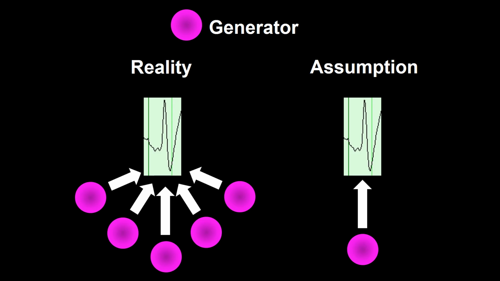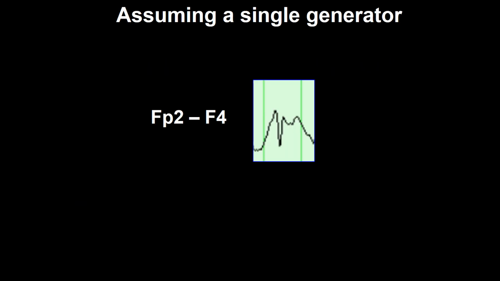But it is also important to remember that we have to assume a single generator for us to be able to interpret any event occurring in the brain and viewed in the EEG. Thus, assuming a single generator in the derivation presented in this frame, the sharp activity can correspond to a positive or a negative generator. That being the case, it will have a single positivity or a single negativity.